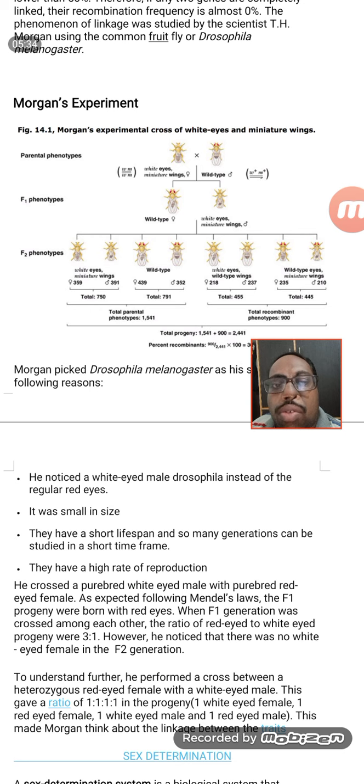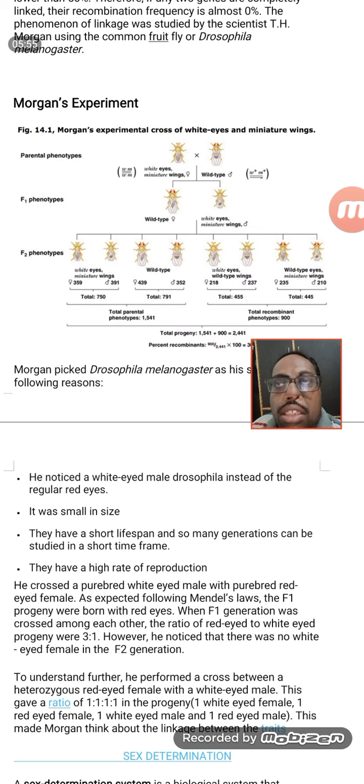If we know where the genes are located, we can make a genome map. In one chromosome, where is the location of these genes, and whether they are linked together or not linked together.